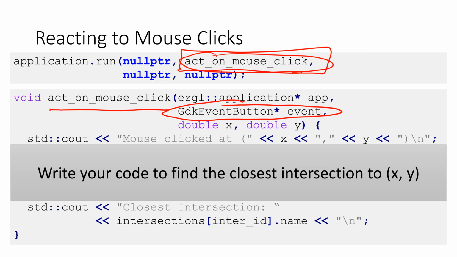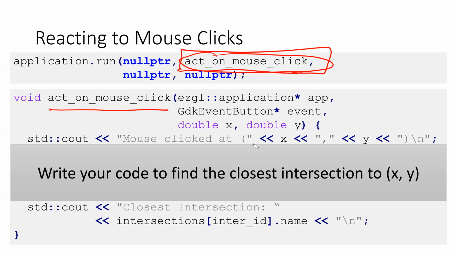So if you want to, you can figure out exactly which button was pushed. Then the 2 most important things are an X and Y coordinate, which is where the person clicked. These X and Y coordinates are in your coordinate system, so it's convenient for you to work with. We set a coordinate system that was meters on the surface of the Earth. These will come back as meters on the surface of the Earth, the exact same coordinate system.